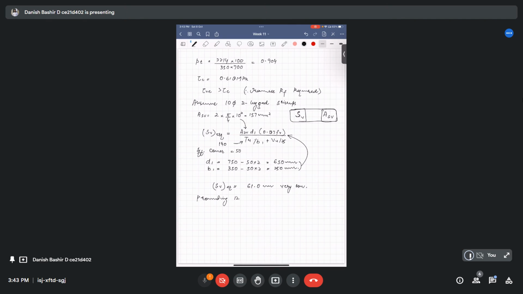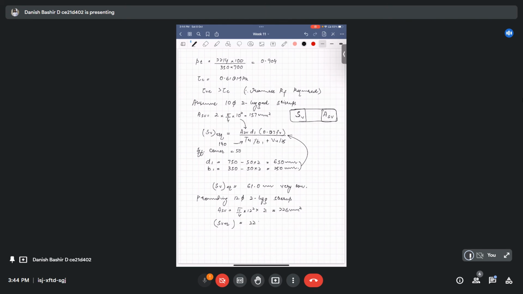Providing 12 diameter two-legged stirrups. ASV will be equal to pi by 4 into 12 square into 2, since it is two-legged. It will be 226 mm square. Okay, so SV required is the same formula. We will directly plug the values.